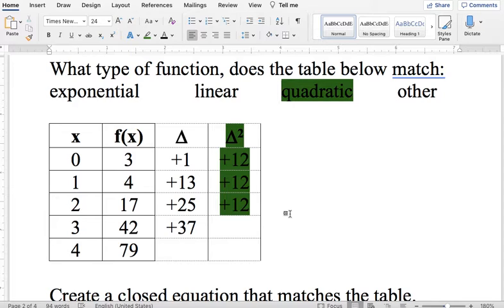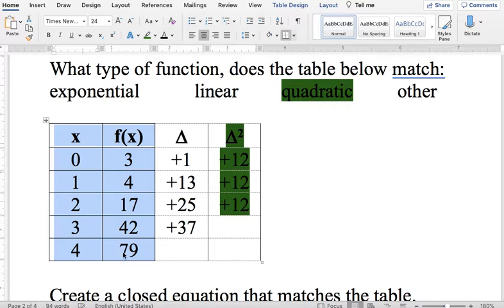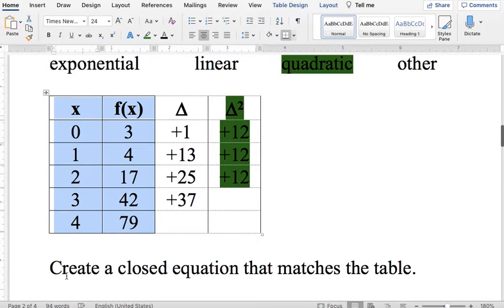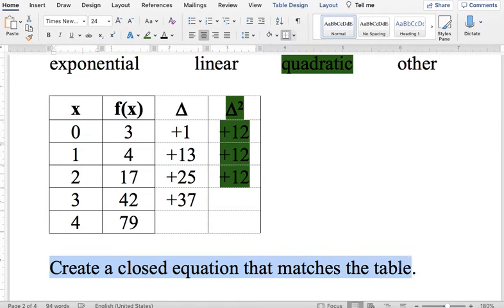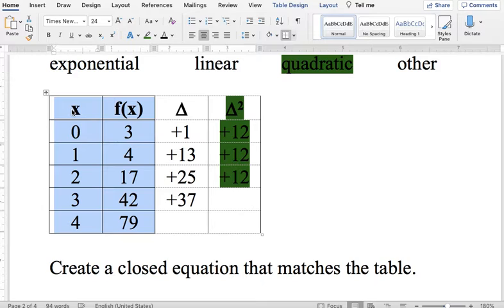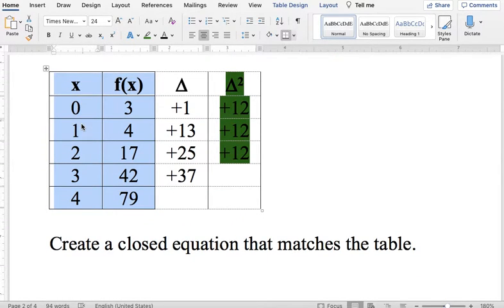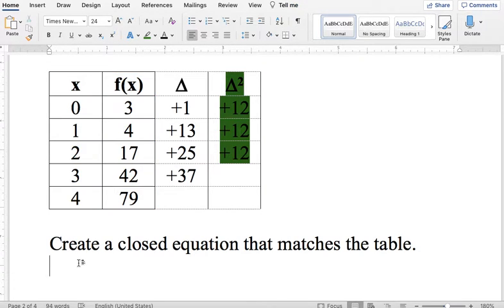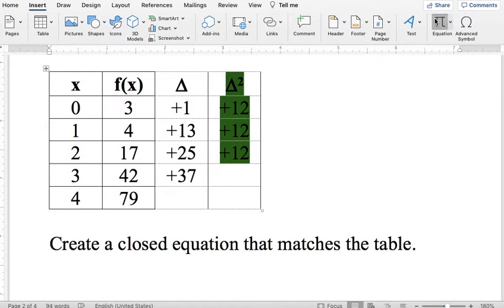Okay, so now that you know this table matches a quadratic, how could you create a closed equation that matches your table? First, let's look at the general equation for a quadratic.